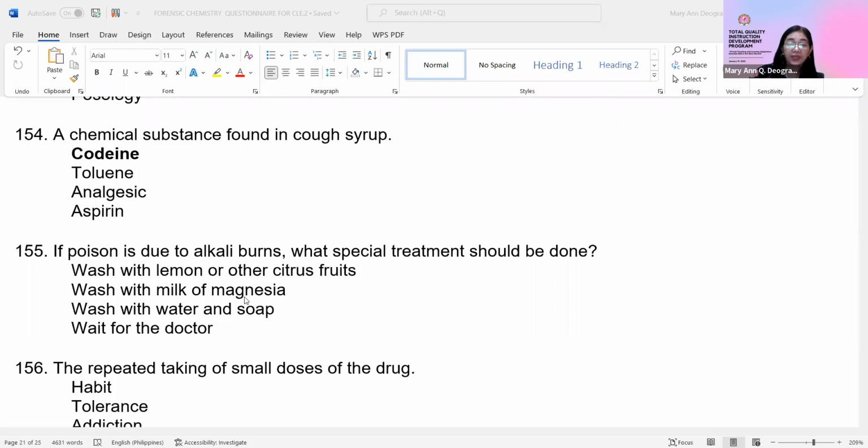Magnesium hydroxide to eh. So, pag nilagyan mo yung liquid sosa, an alkali solution, ng milk of magnesia, alkali solution din, lalong masusunog yung nasabuyan ng liquid sosa. Kaya, ang ipang-neutralize mo dyan, ang pinaka-antidote niyan is wash it with, pigaan mo ng lemon o kaya citrus fruits.